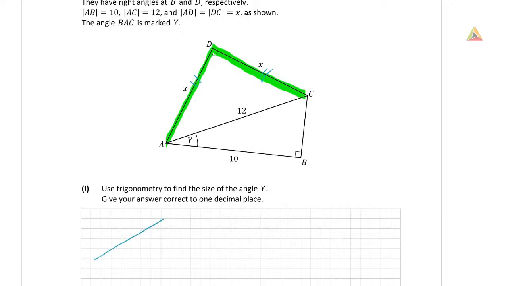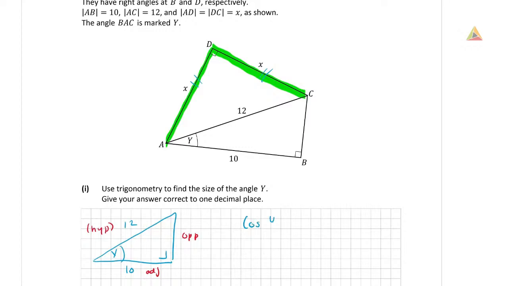So I'm just going to draw out the triangle with Y in it. So it looks like this. This is your right angle, this is 10, this is 12, and we're looking to see what Y is. So we're going to mark in what we have on the diagram. This is the opposite, this is the hypotenuse, and this is the adjacent. So we need to use what we have. So the unknown is the angle, so we need to use adjacent and hypotenuse.